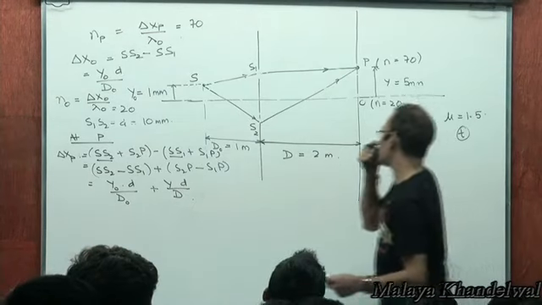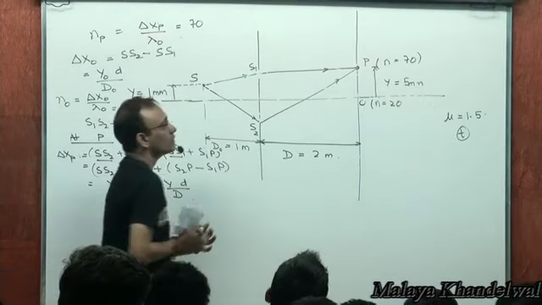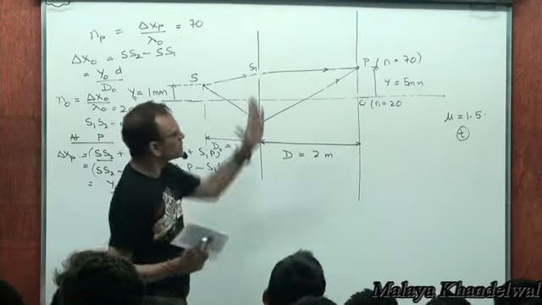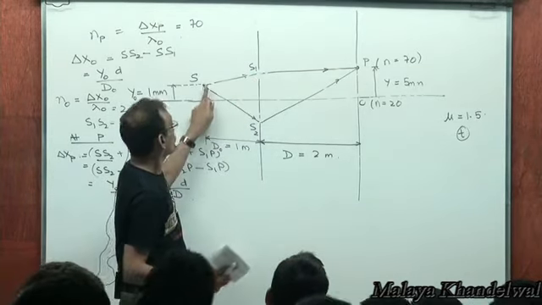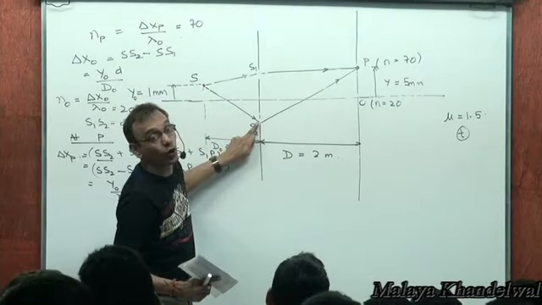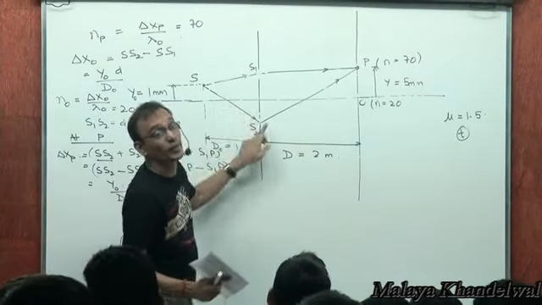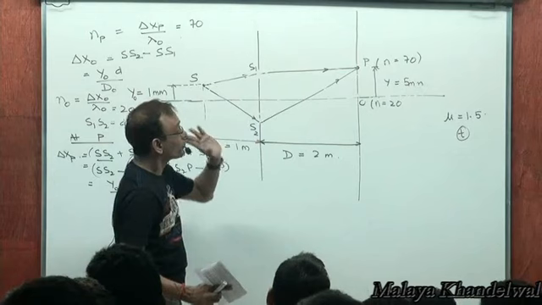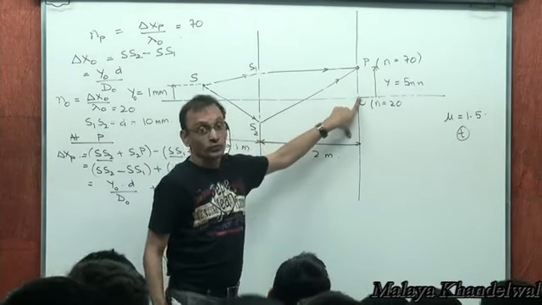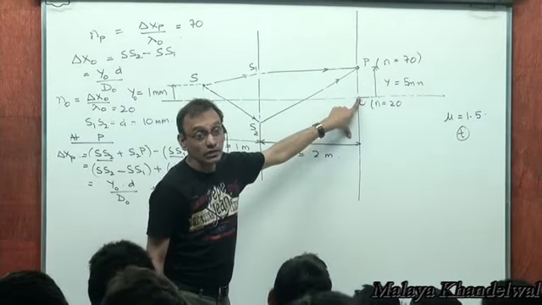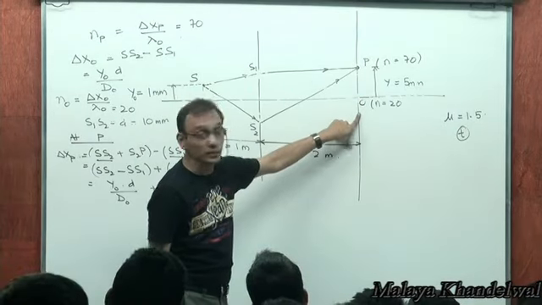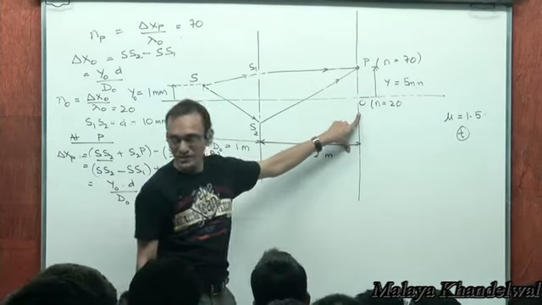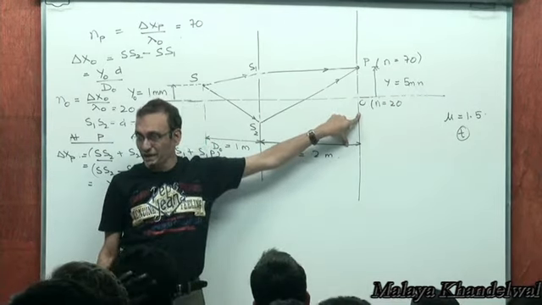Realize that before I introduce the plate, S2 is stronger compared to S1 because it has an additional path already, SS2 minus SS1. So, on reaching O, we never got a central bright fringe. The central bright fringe must have been below O in this arrangement.